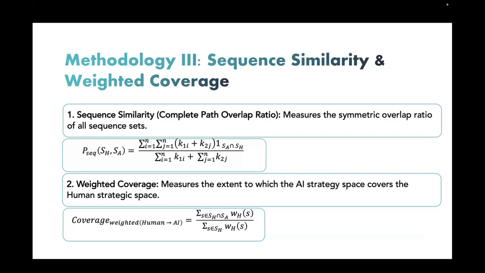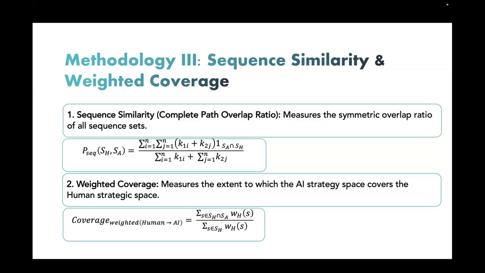This brings us to the second metric, weighted coverage. This is our solution for handling frequency differences. We incorporate the visitation frequency of both sides, human and AI, for a single path into the weight calculation. This allows us to assess the practical utility of the AI strategy space in covering the human space.